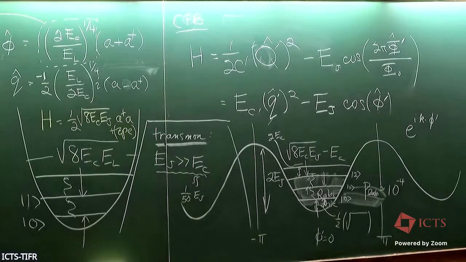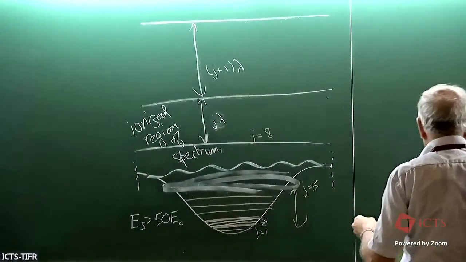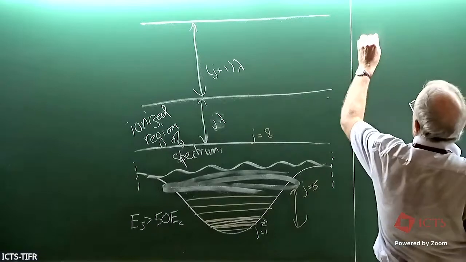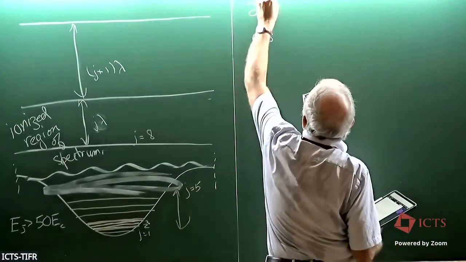Okay, now I wanted to get back to explaining what happens if you second quantize. I guess I'll use my last clear part of the board here. So I just use the Taylor expansion of cosine. So second quantize.